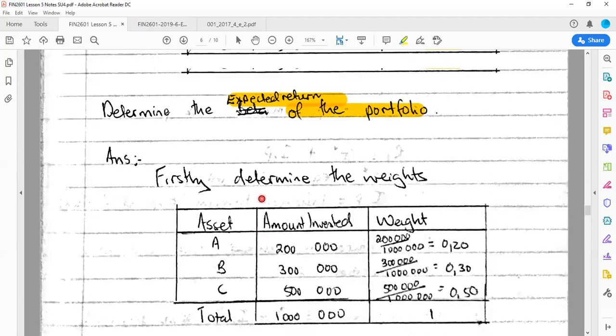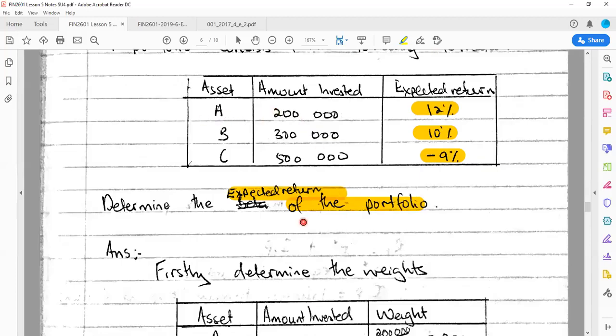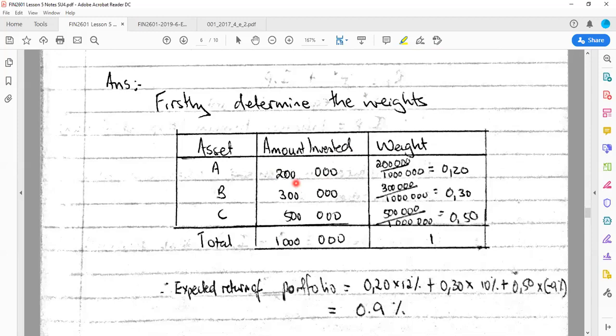So to do this, we first determine the weights invested in each asset. To determine the weights, we add the amounts invested and we get the total.